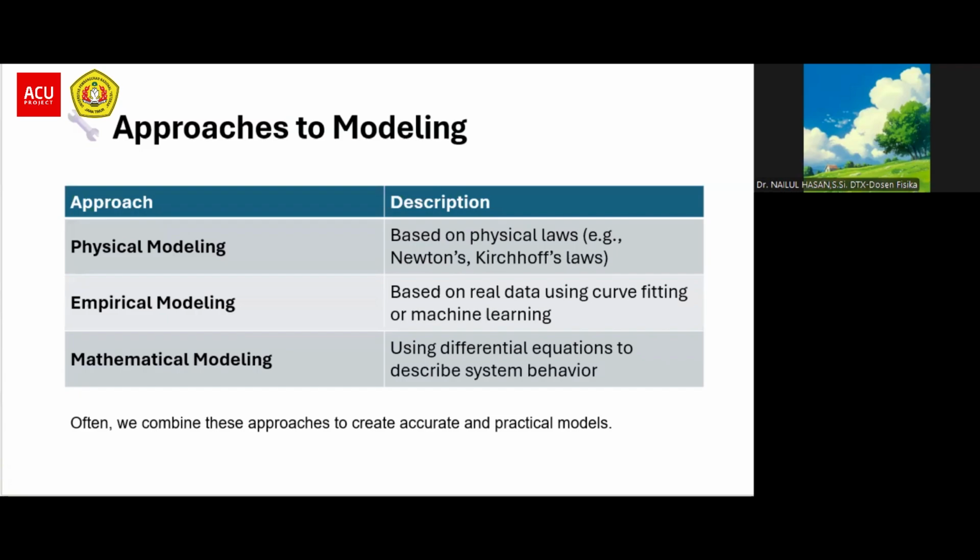Often, the best models combine both approaches, using theory for accuracy and real-world data for reliability. This blend gives us the best of both worlds. Once we have the right approach, we need the right tools. Let's see what you will learn in this course.